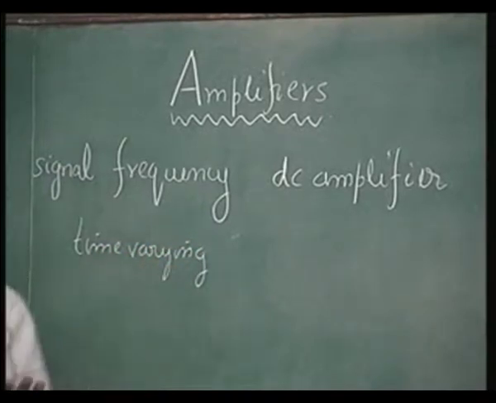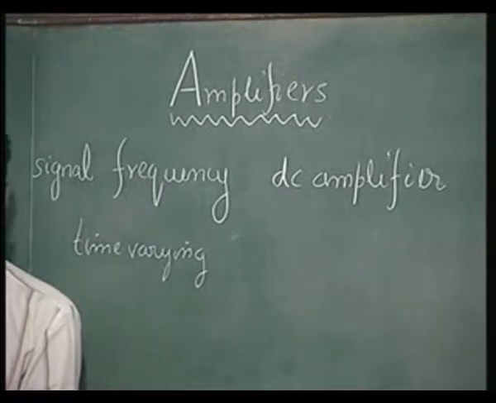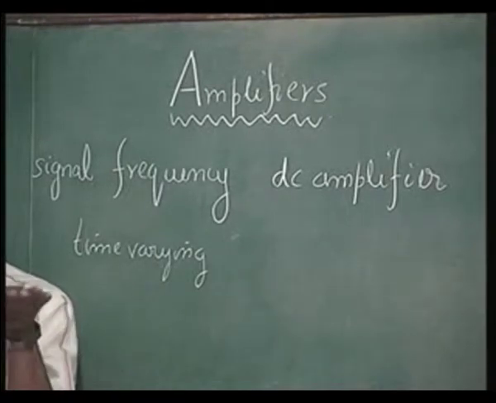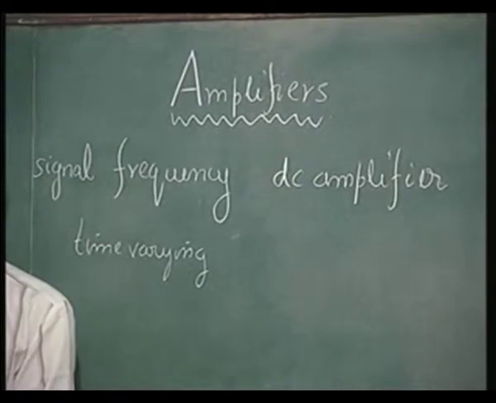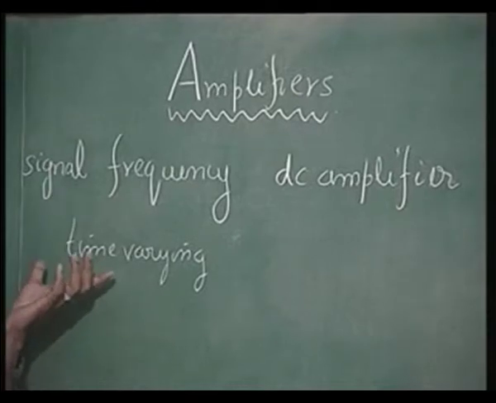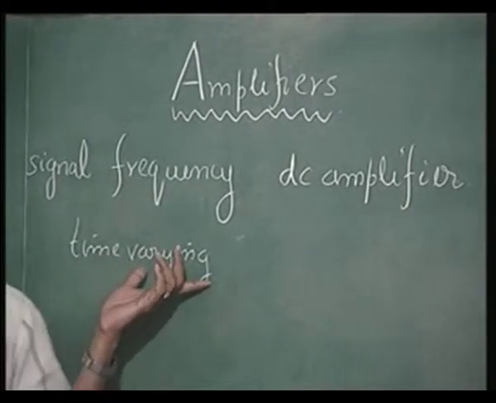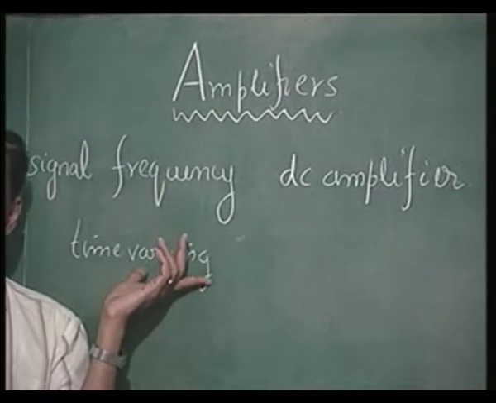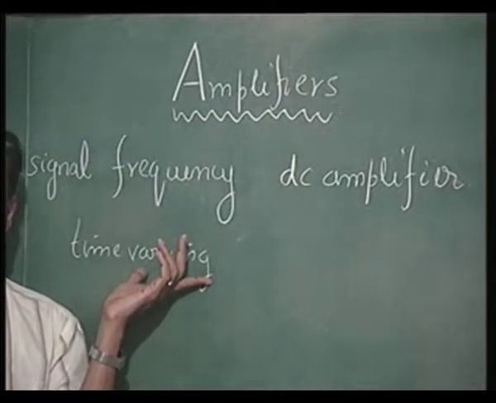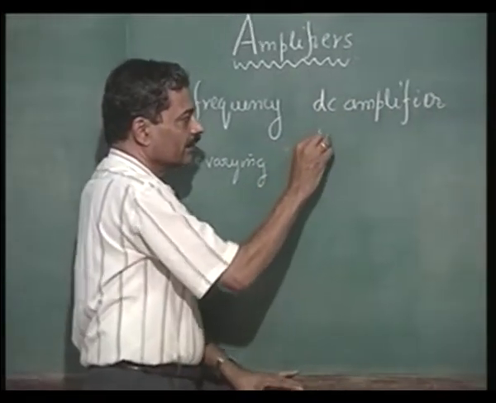If it is constant with respect to time, there is no information content, because already we know that it is constant at a certain value. There is no variation with respect to time, so there is no information content. The moment the signal varies with respect to time, then only we consider it worthwhile signal that has to be amplified. Therefore DC here means very low frequency.